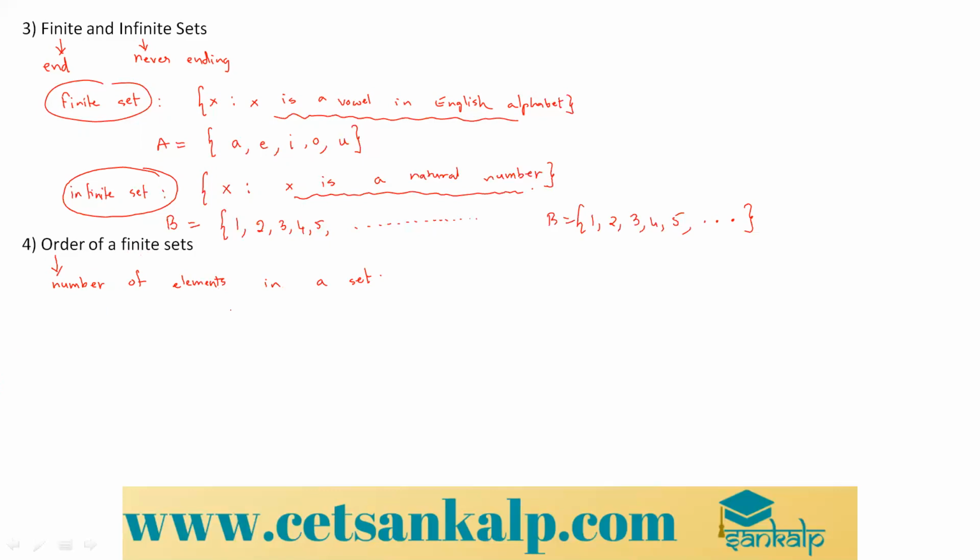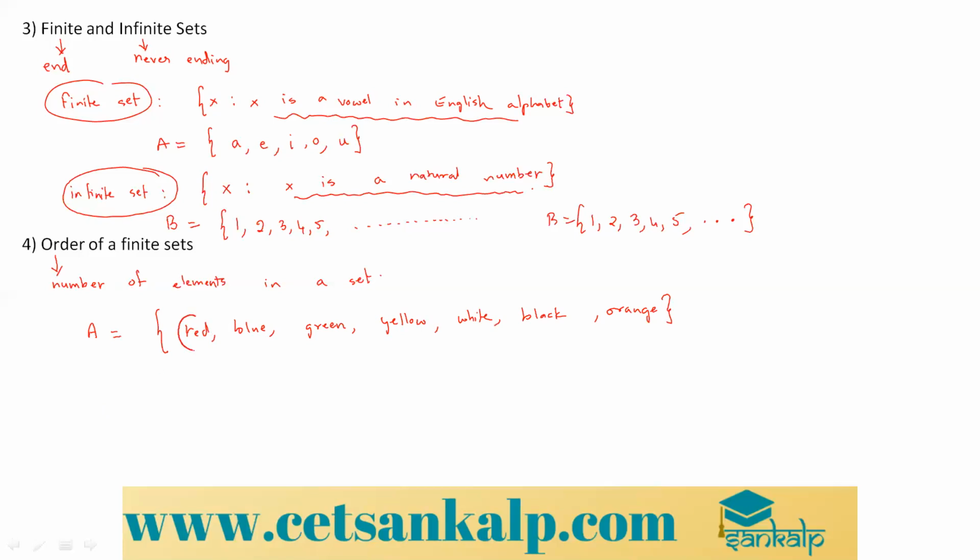are there. For example, I will give you a set A in which I will write some colors: red, blue, green, yellow, white, black, orange. I have listed them properly.